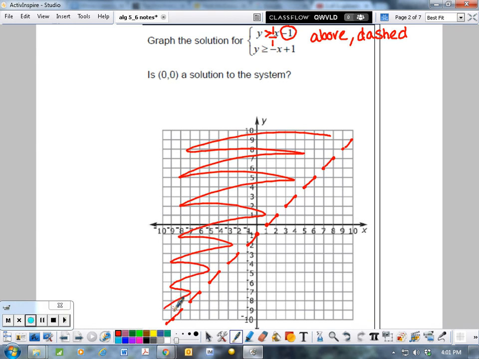Okay, now I'm going to go ahead and grab another color. And we're going to start at positive 1 on the y-axis. And then my slope is negative 1 over 1. So I'm going to go down 1, right 1.